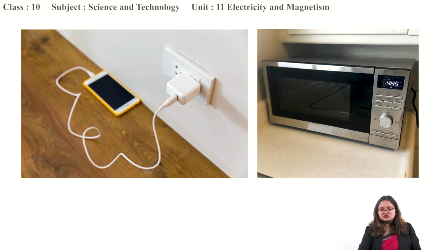So in these two situations, one requires low voltage, one requires higher voltage. And we know that we use a transformer to alter the voltages. So let's see what we use to increase or decrease the output voltage according to our required situation. Today we will be focusing on that.